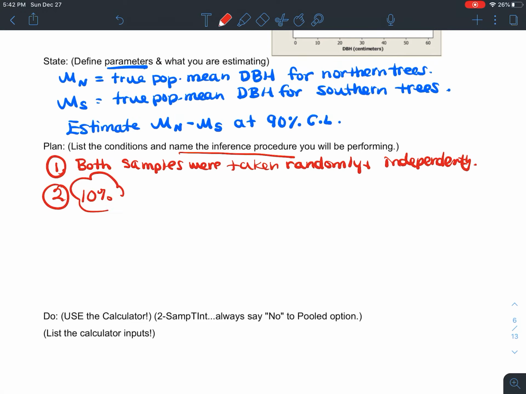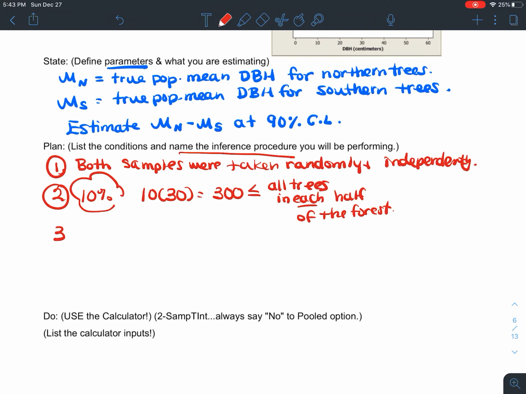Number 2, we're going to do the 10% condition. The sample sizes were 30 for each of these, so I only need to show this once. I just need to make a statement that 300 is less than or equal to all trees in each half of the forest.